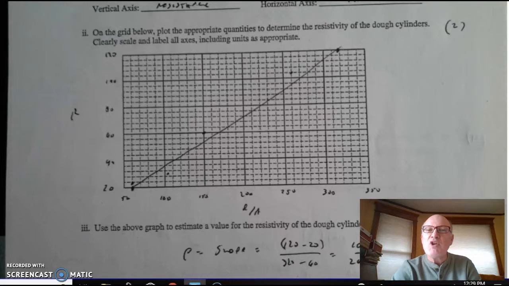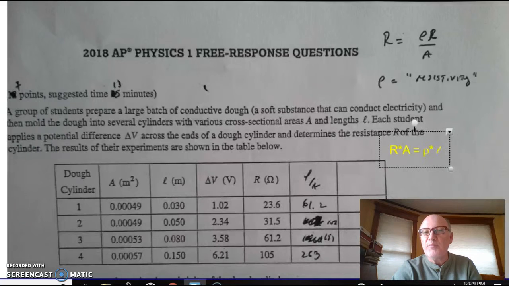So you don't have to know anything about the properties here. Everything's kind of given to you. You just need to look at the equation, look at the definition, which is given on the resource page, and think carefully about the mathematical relationship between R and rho, with L over A as being a slope.